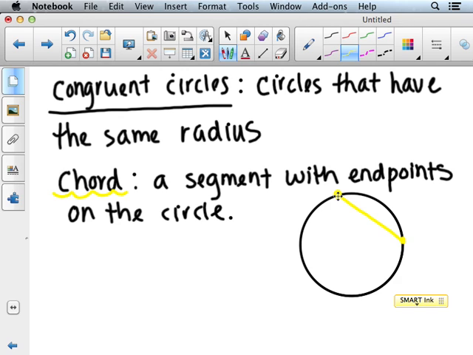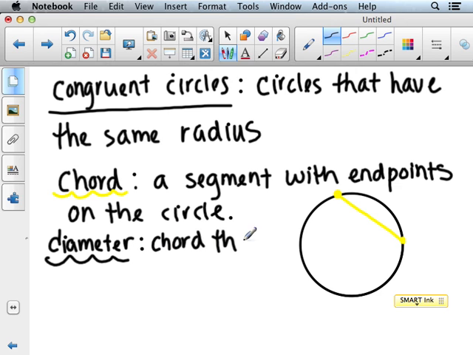What's the longest chord in a circle? Well, the longest chord in the circle is called the diameter. We're going to define that as a chord that passes through the center.